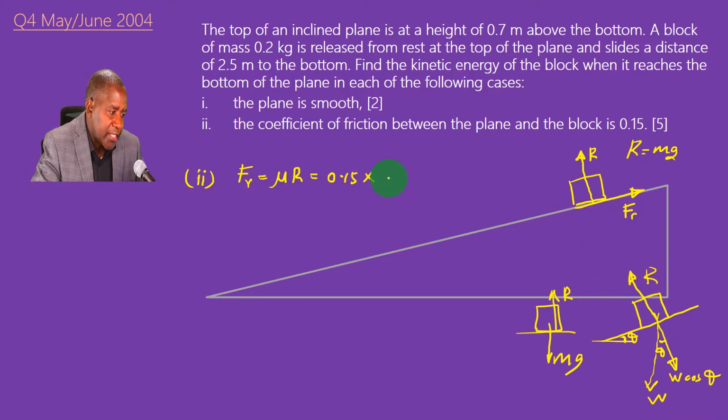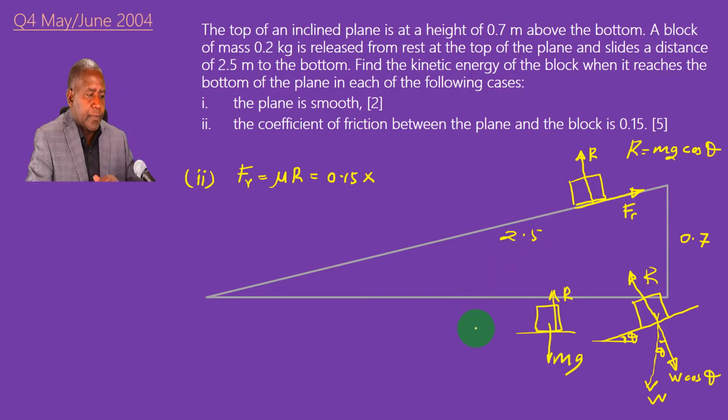So in this case, it will be the weight times the cos of theta. This one was 0.7, this is 2.5. Let me see whether I can get an exact value of the adjacent.